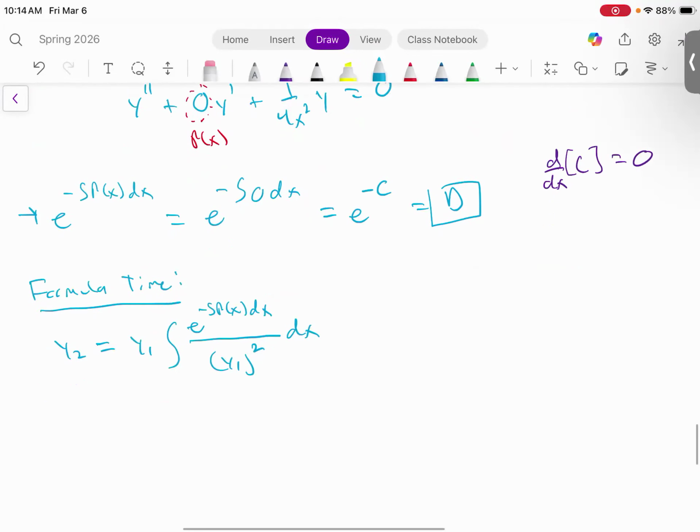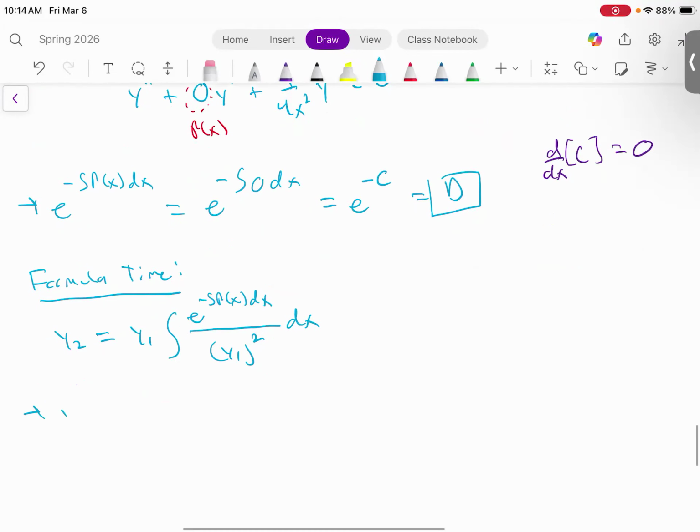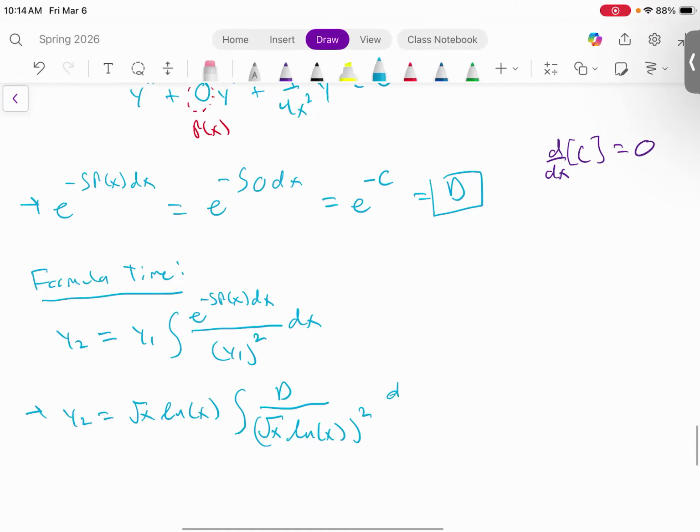And so let's plug in what we know so far. y2 equals y1, which is square root of x times natural log of x, times the integral of just d all over, excuse me, square root of x times natural log of x squared, dx.